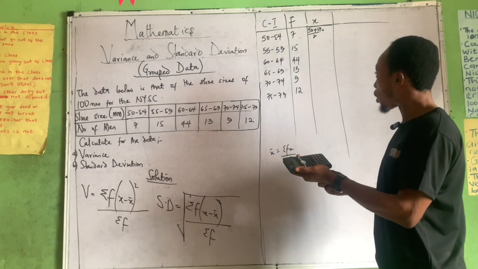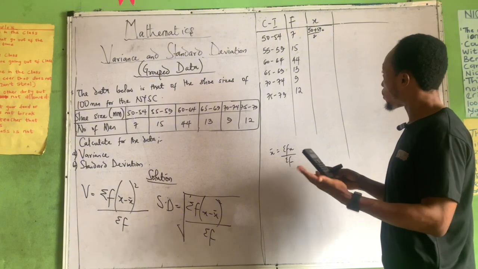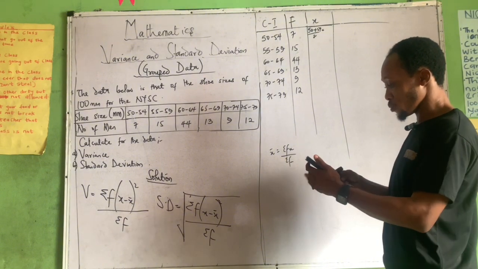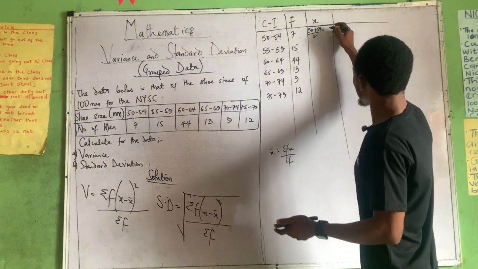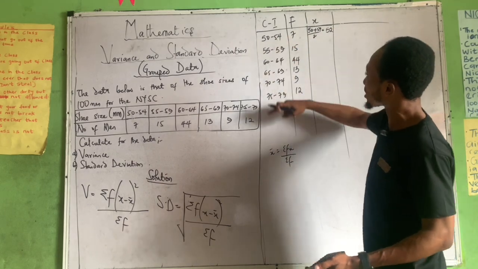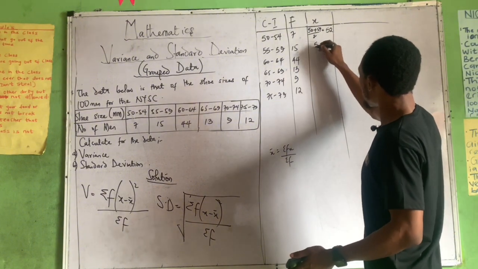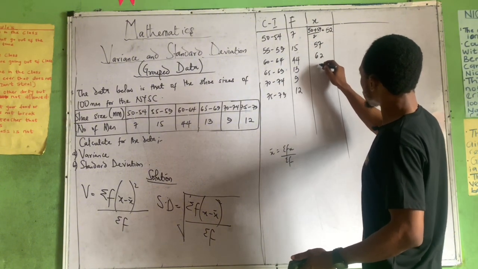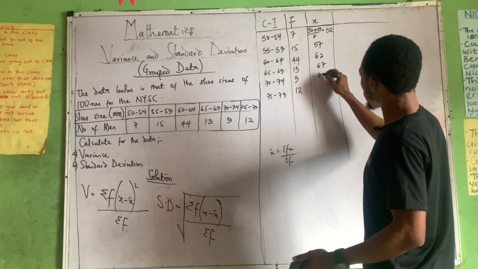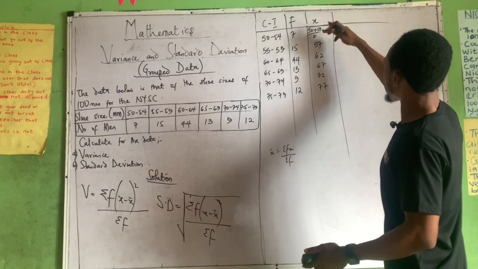When you are plotting it, make sure you press equal to, then divide by 2. So we have 52. I might not need to continue doing it, I just need to get the interval. The interval from 50 to 54 is 5, so I'll just be adding 5. That will be 57, 62, 67, 72, 77. So I've gotten my x.